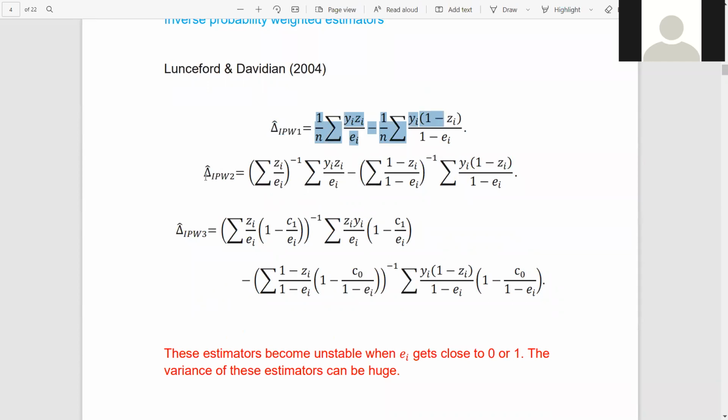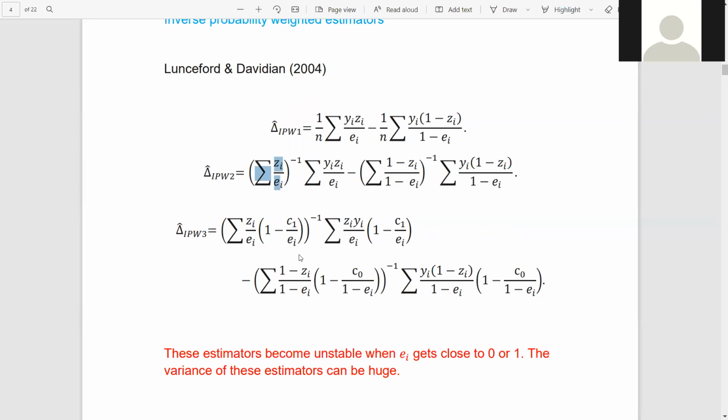And then we have a delta IPW2. This is a smoother version of the first one, trying to balance out by dividing over this value instead of just n. Then we also have this delta IPW3, which is more complicated.